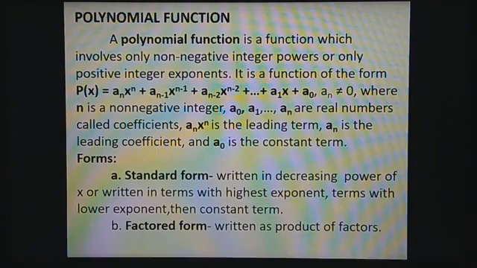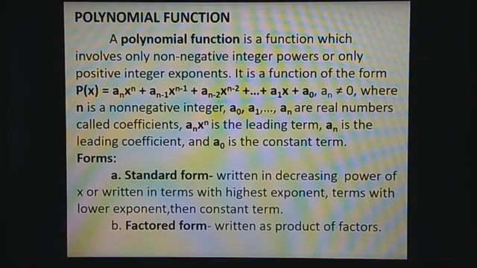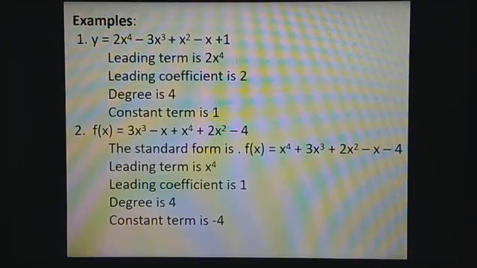So another form of writing polynomial function is factored form. When we say factored form, it is written as a product of factors. So let us have examples of the following. Okay, number 1. So y is equal to 2x raised to 4 minus 3x raised to 3 plus x squared minus x plus 1.